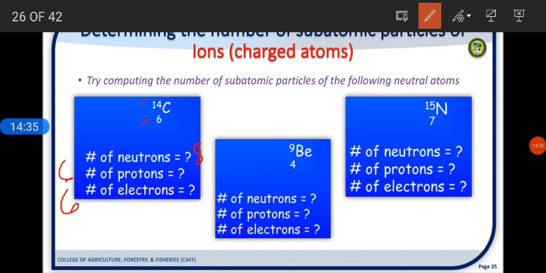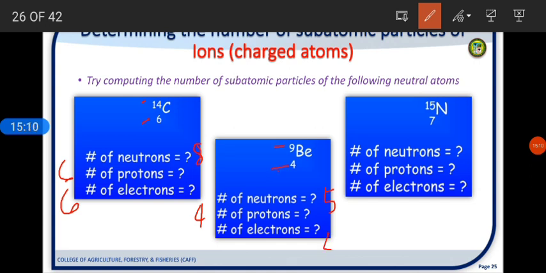Now, how about Be or beryllium? You are given the mass number 9 and atomic number 4 for beryllium. So, compute for the number of neutrons. Again, use the formula mass number minus atomic number. So, 9 minus 4 is equal to 5. So, the neutrons of beryllium is 5. Now, how about protons? We have 4.